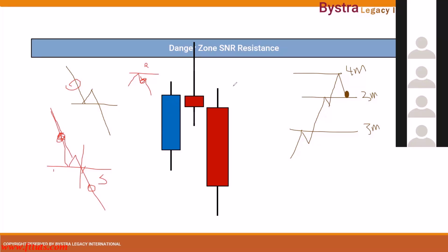So what is this one's point? If it comes without a second movement, you said it can break easily. You're talking about this support, right?